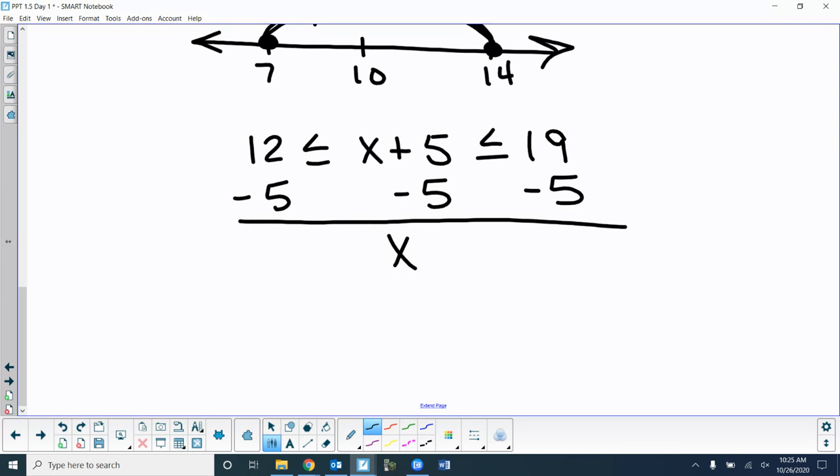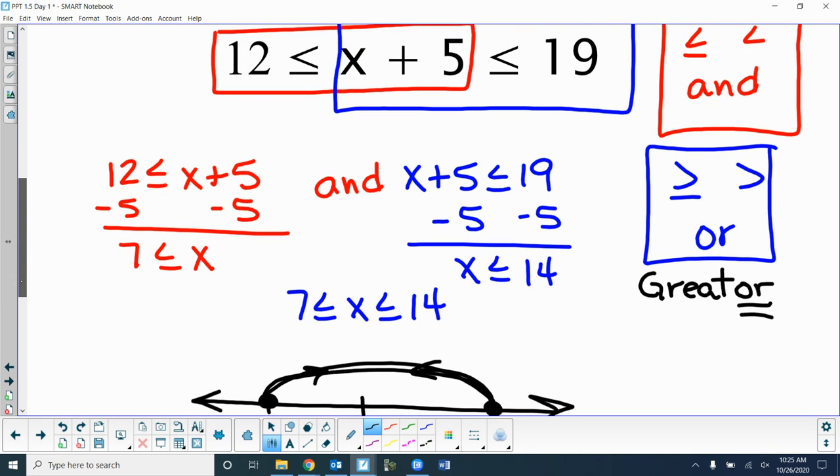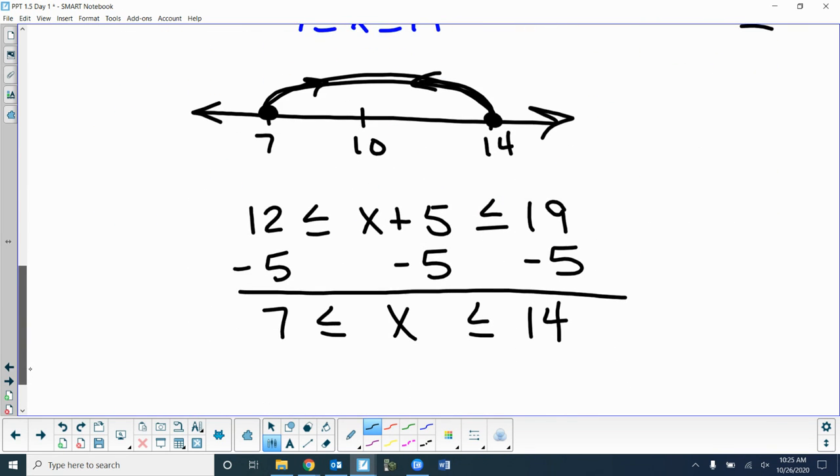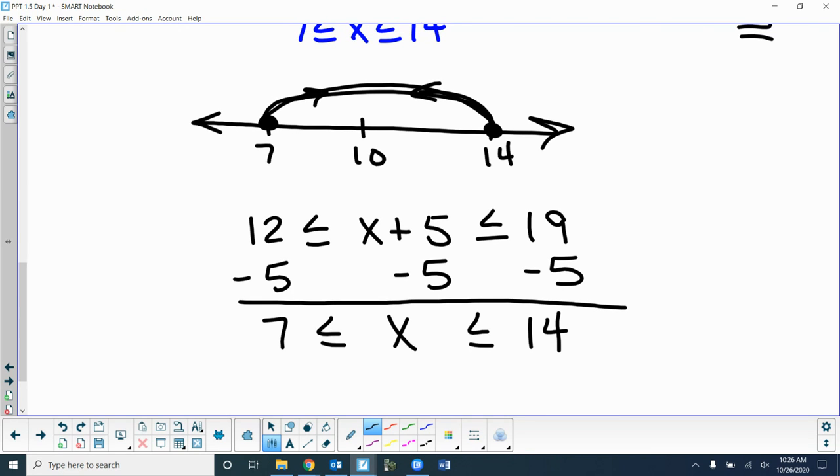You get X in the middle, and then you've got your 7 and your 14. So if you want to do it that way, you can, instead of writing both of them. That way is fine. Or like that, and then a graph. Any questions on compound inequality?